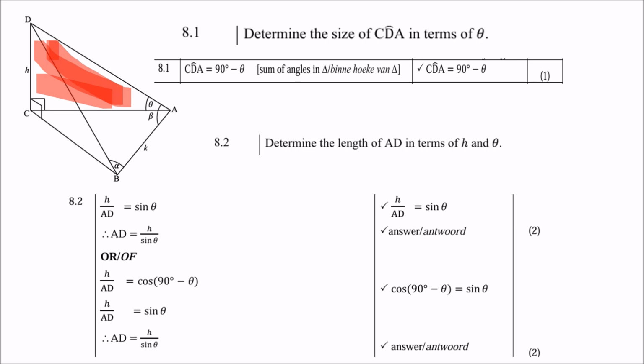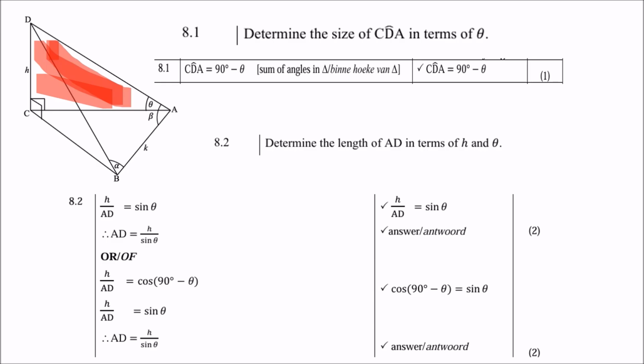If you look at that triangle, which is right-angled, then you will realize that the sine of theta is opposite over hypotenuse. So therefore it is H over AD. Cross multiply and make AD the subject. So AD is then H over the sine of theta. Or you can use the other angle, cos of 90 minus theta, and you'll get exactly the same answer.